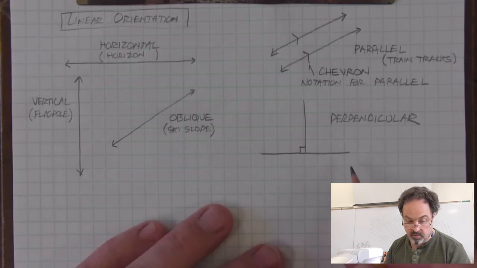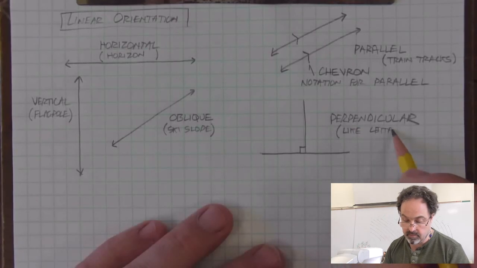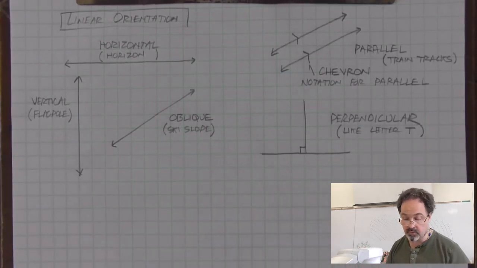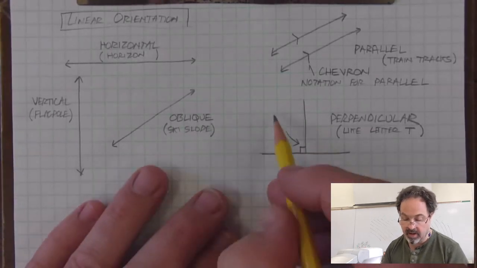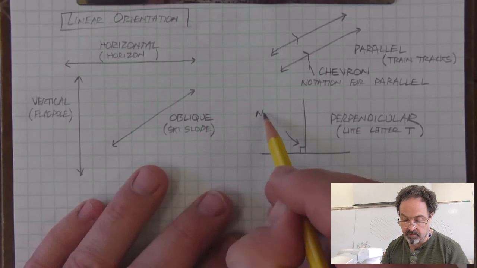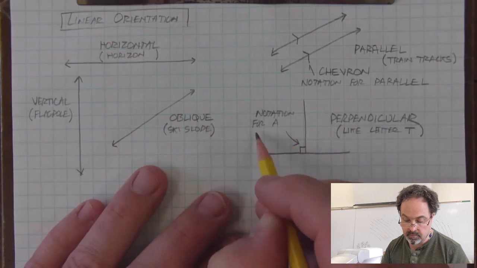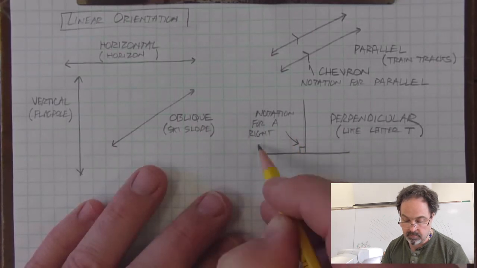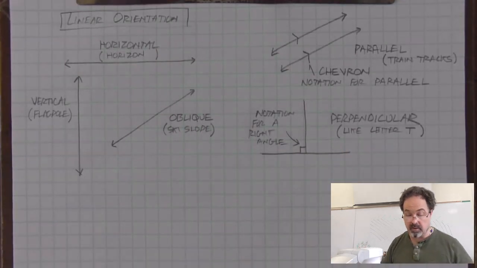Many examples in our world of perpendicular lines, like the letter T. A capital T is written with two perpendicular short lines, and the symbol that means a right angle. This is notation for a right angle. An angle whose measure is 90 degrees. Parallel lines are lines that meet at a 90-degree angle.